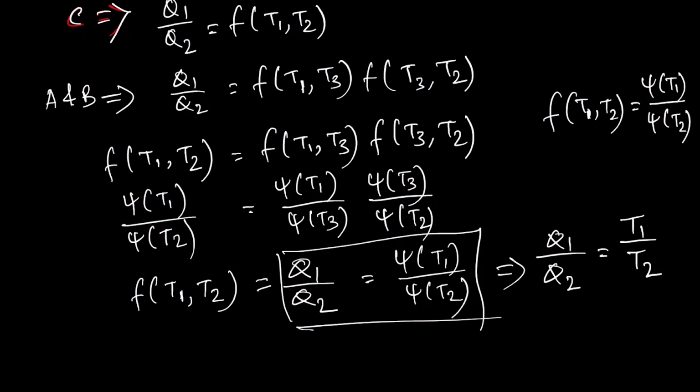So, for example, if you calculate Q1 and Q2 for a known temperature, and the known temperature typically is taken to be the temperature of the triple point of water, which is 273.16. So, T triple point is known, Q1 Q2 will be measured, and then you can get the value of T1. So, thus we can measure the temperature, given that we can calculate heat input and output.